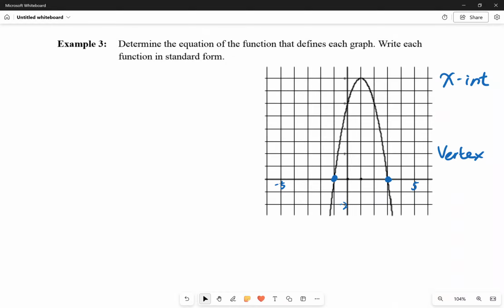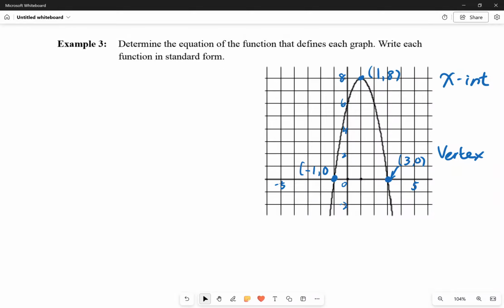This is negative 2, this is positive 2, positive 4, positive 6. That means 8's over there. So this point right there is going to be 0's here. 1, 2, 3. 3, 0. And that means this point down here is negative 1, 0. And that gives me a vertex of 1 and 8.